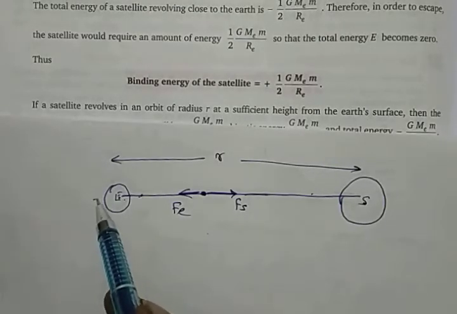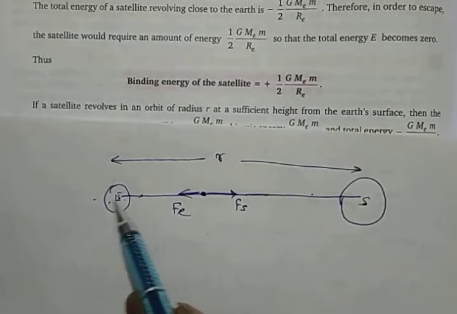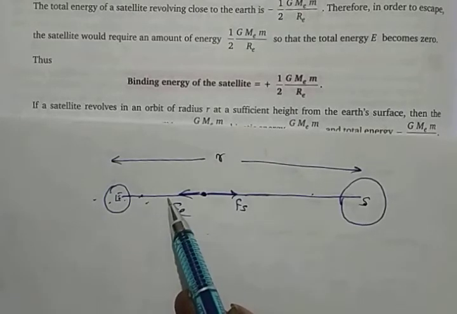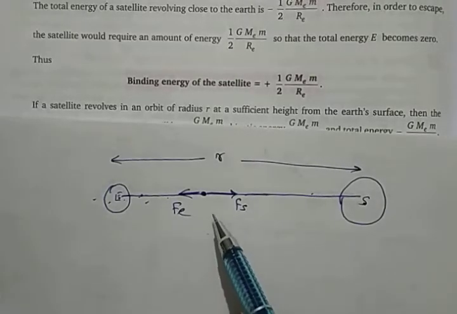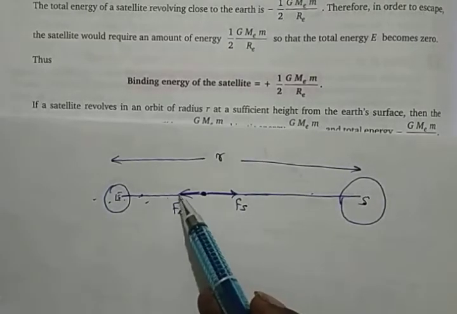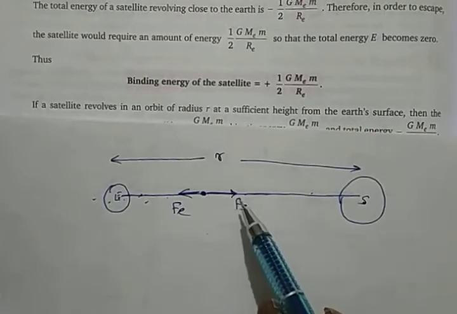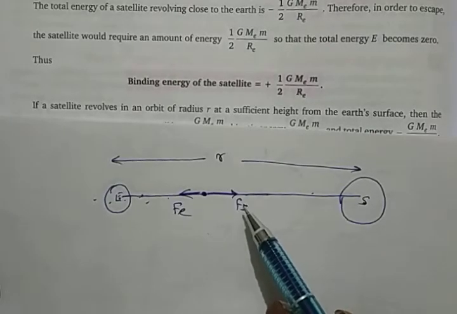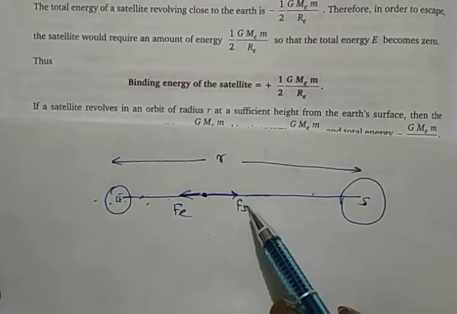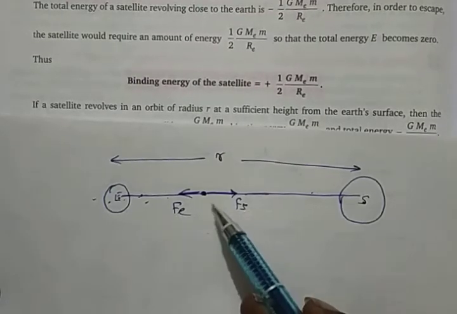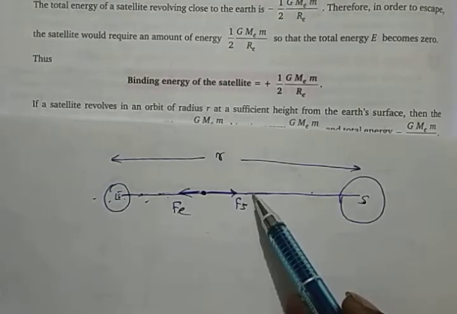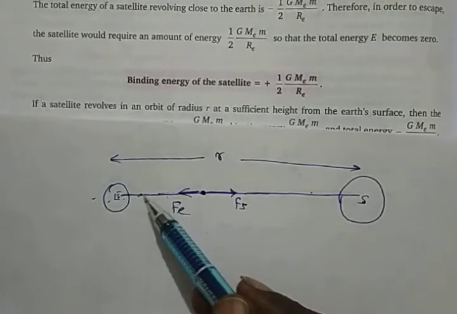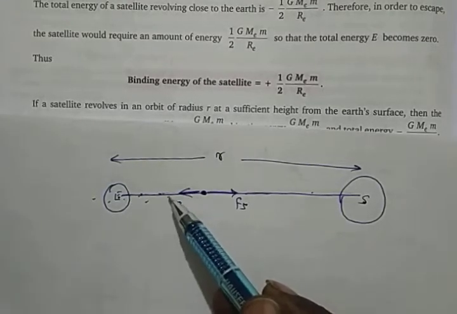Earth's force will be greater, because the earth is much closer. And when it is going far away, the earth's force keeps on decreasing. And as it goes closer to the sun, the force on the body due to the sun will keep on increasing. The force due to the sun will be increasing as you go ahead. And as you are going closer to the earth, the force due to earth will be increasing.